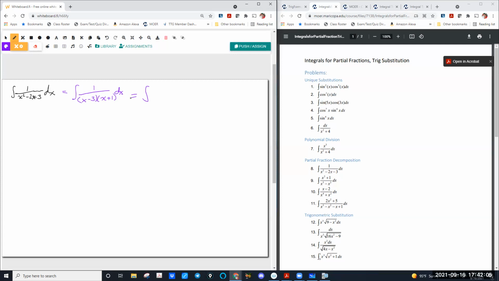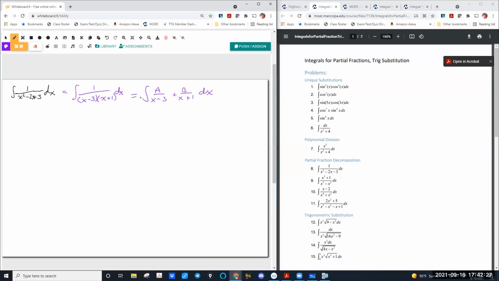And what we typically do, the convention that you saw in the online lesson, is we use capital letters. We start with A and work our way through the alphabet. So what is that going to look like? I have A over x minus 3 plus B over x plus 1, dx.